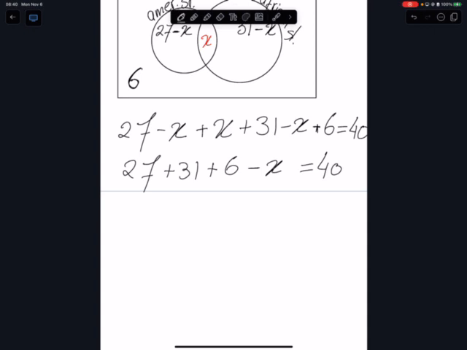Counting everything together, 31 with 27 equals 58. Add 6 equals 64. So 64 minus X equals 40. Basic algebra.